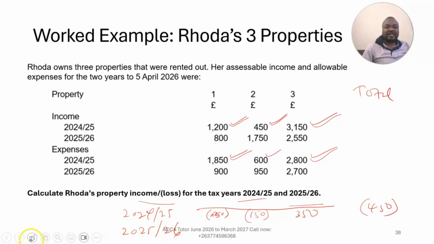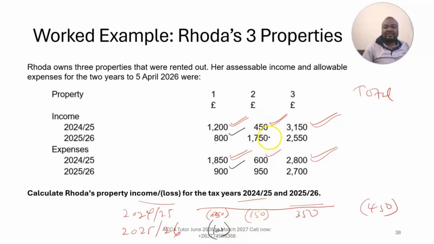What about for the year 2025-26? Guys, let us play around with the figures. For 2025-26, income was 800 for property 1 and there were expenses of 900, so there was a loss of 100 pounds.